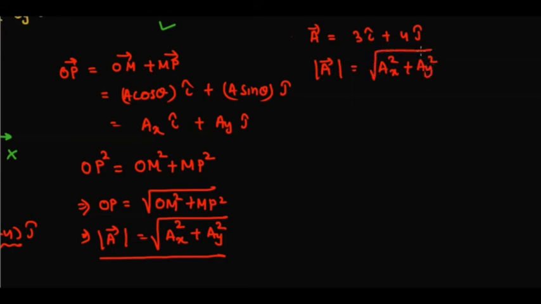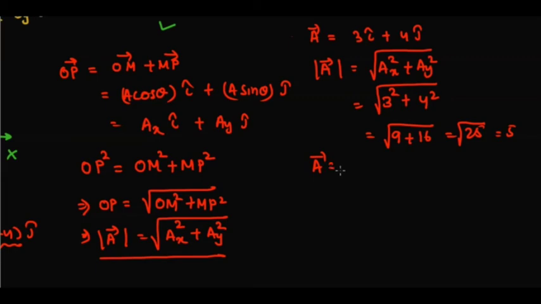We are talking about the xy plane. So Ax means the coefficient of i cap, so we have 3 here. So it will be 3 square plus Ay is 4, write 4 square. Then give the square root symbol. 3 square is 9 plus 4 square is 16. So we have the square root of 25, that is equal to 5.